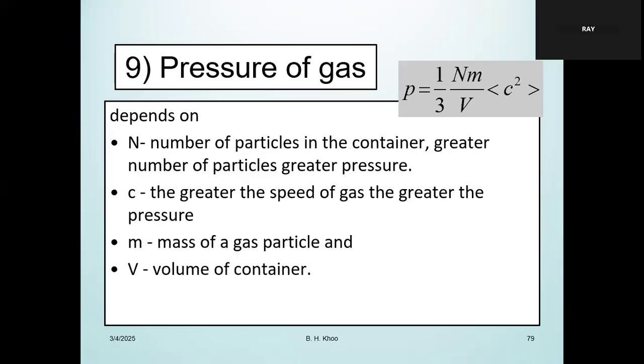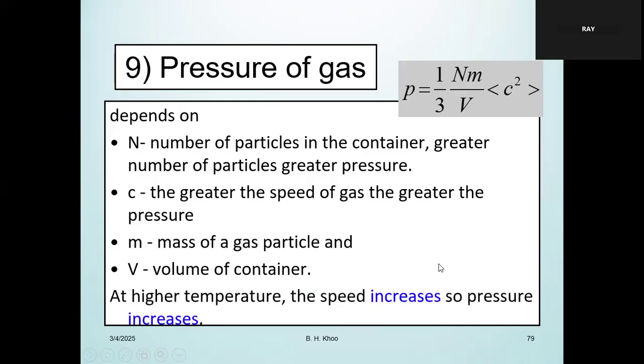Volume of container, the larger the volume, the lower the pressure. At high temperature, the speed increases. Right? At high temperature, we will show you the speed will increase, so pressure increases. Okay, so now we try to relate what we have derived to temperature.